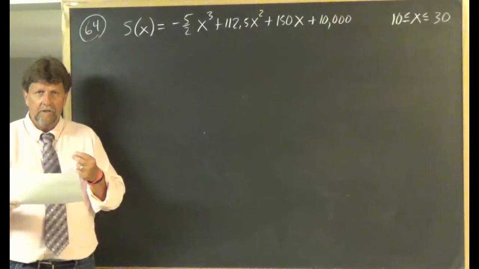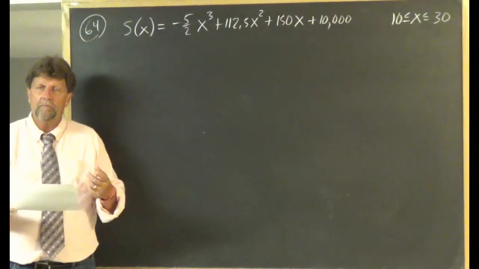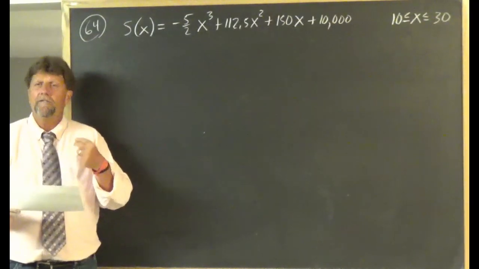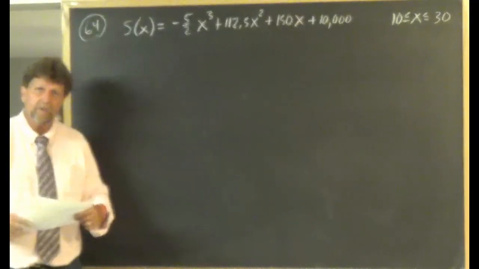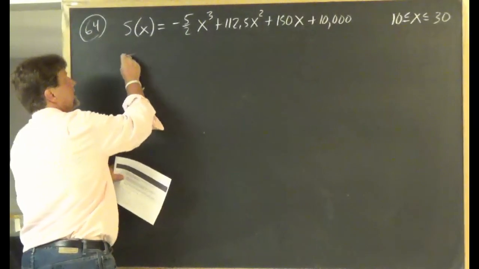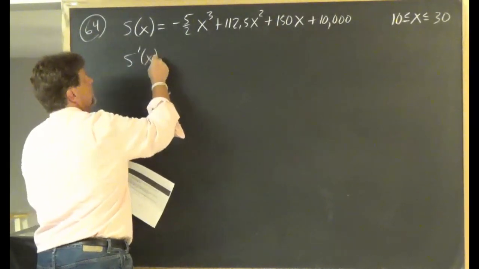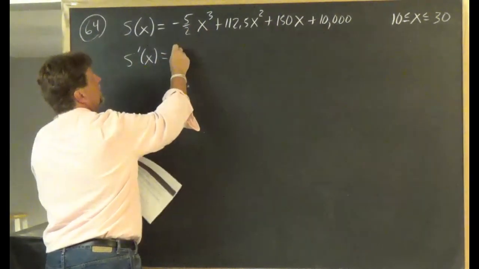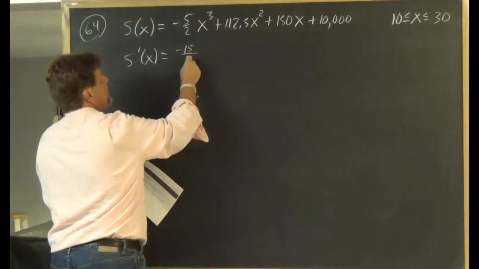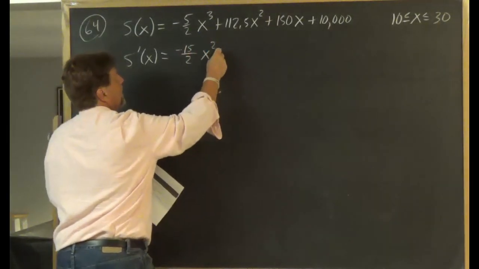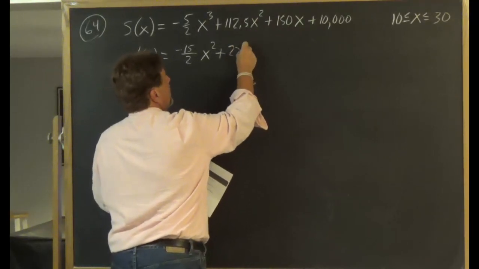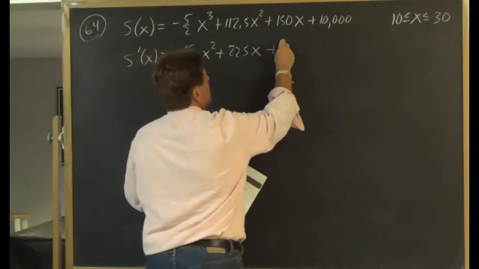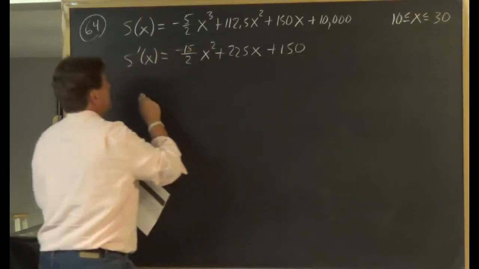So we have to get the inflection point, which means we have to know intervals of concavity, which means we need the second derivative. Let's get the derivative. The derivative is negative 15 halves x squared plus 225x plus 150.